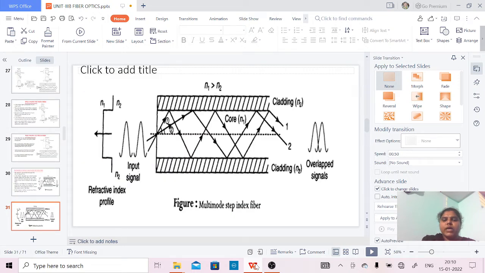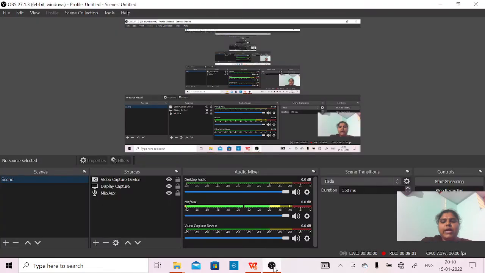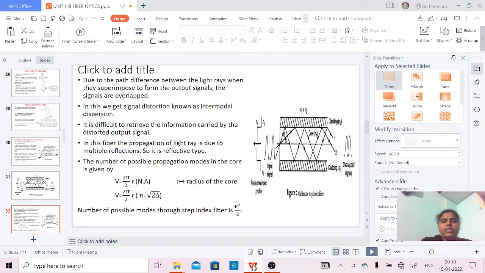Okay, you can observe clearly here. Due to the path difference between the light rays, when they superimpose to form the output signals, the signals are overlapped.